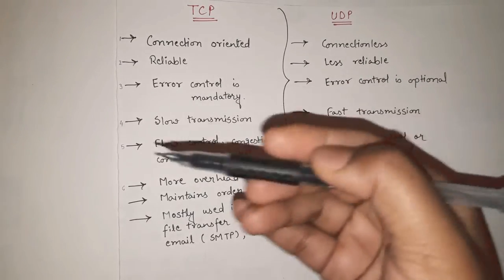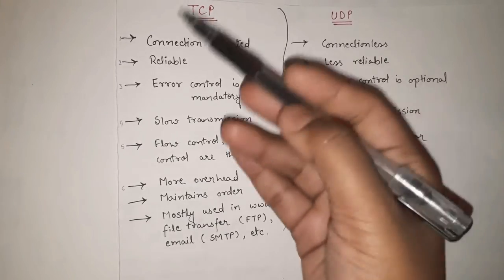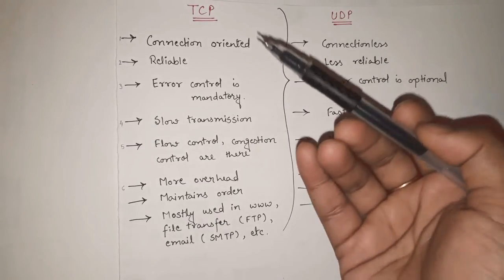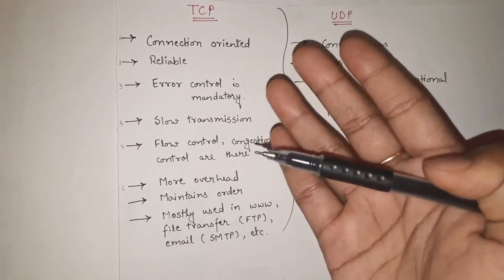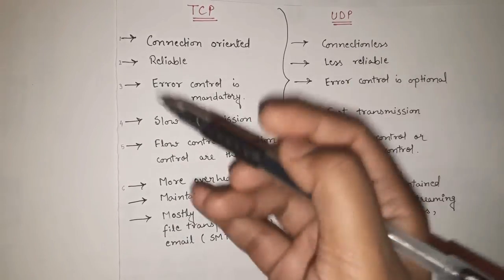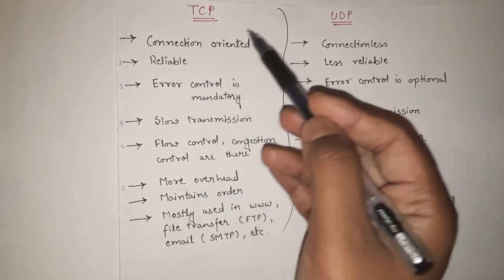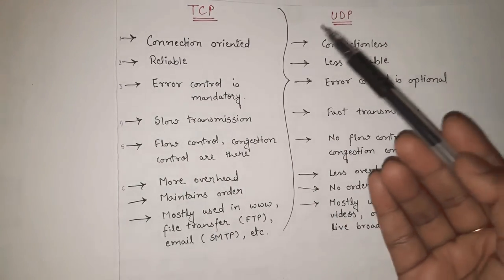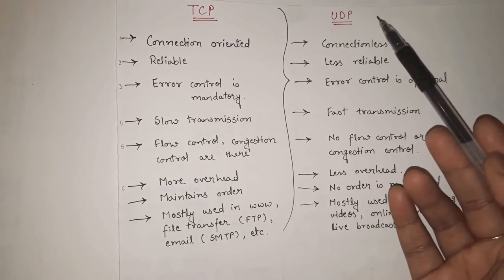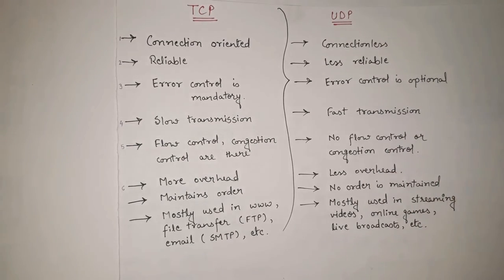Actually, there is something known as three-way handshaking. In TCP, we do that three-way handshaking, and first of all the connection will be made, then the transfer of data, and then the connection will be released. This is how TCP works, and so it is known as connection oriented. But in UDP, the case is not like that. UDP maintains connectionless communication.